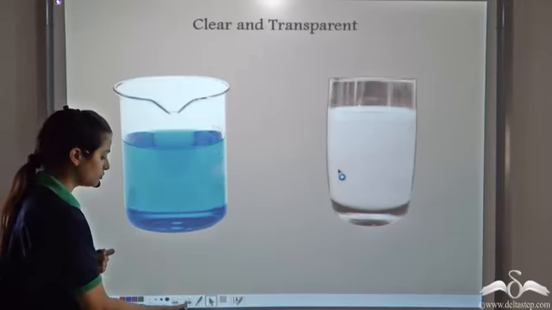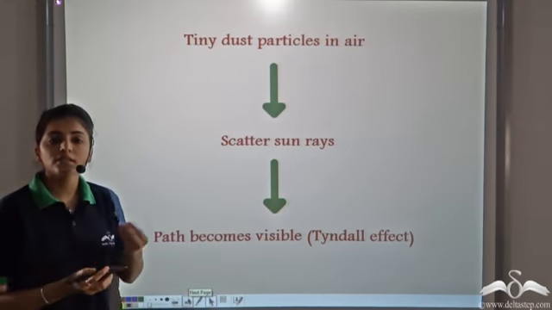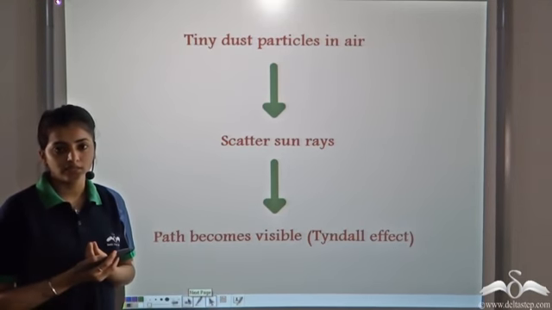Another very important property which helps us in distinguishing between the two is something which you must have observed in a dark room. If you have a dark room and you open a ventilator or a small window, you see the path taken by the light rays. Why do you see this path which is taken by the light rays? This is because there are tiny dust particles in the air.